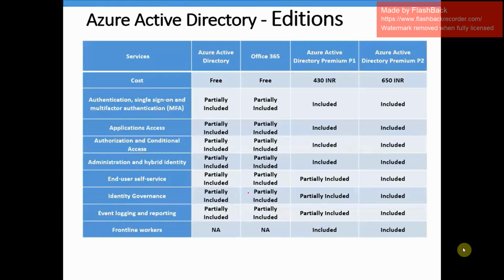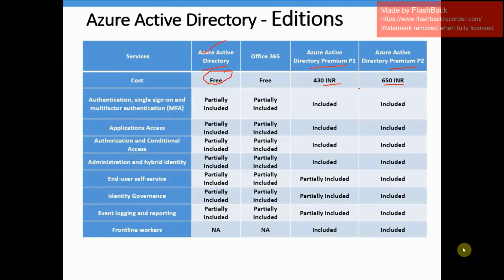Under Azure Active Directory, we are getting a few plans. This is one plan, which is free of cost. And we also have some premium plans. They are going to charge us 430 rupees or 650 rupees per user to get those additional permissions.